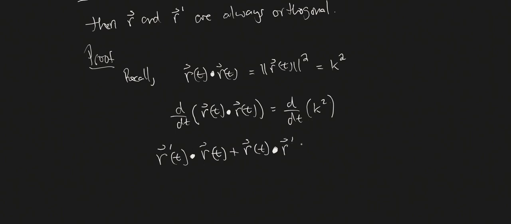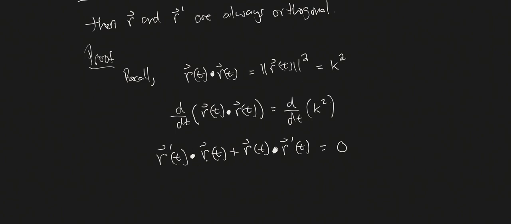So we have that. Now, when I differentiate a constant, I know that is going to be 0, because k squared is a constant. Now, another property from the dot product, remember that the dot product is commutative. So whether I take r prime dot r or r dot r prime, I'm going to get the same result.